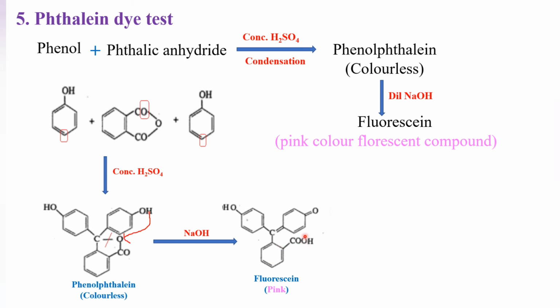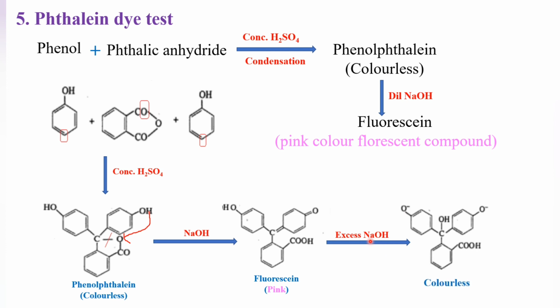So here we have that acid and in order to satisfy the valency of that oxygen, the single bond would be converted to a double bond and within the ring instead of 3 bonds here we have only 2 bonds, that is called fluorescein. And with this we are adding excess of sodium hydroxide, we are getting a colorless product.